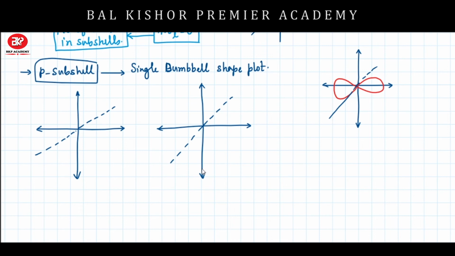The single dumbbell shaped plot can also be oriented like this, and like this.